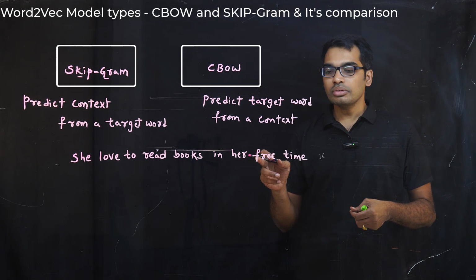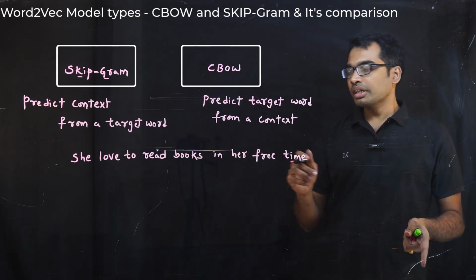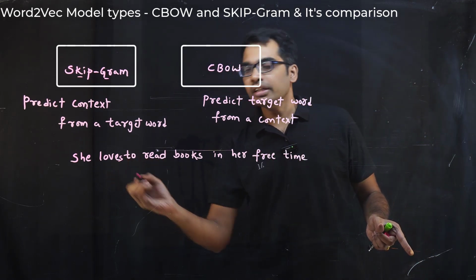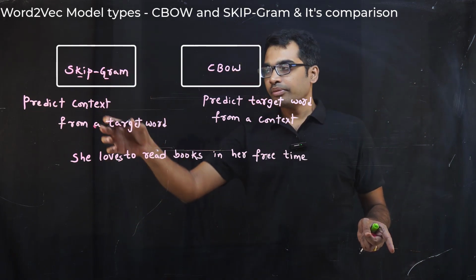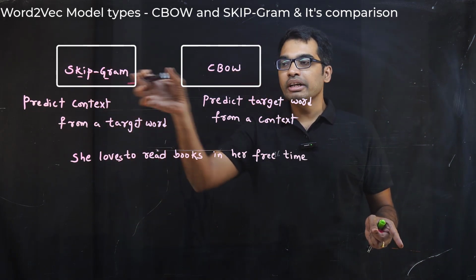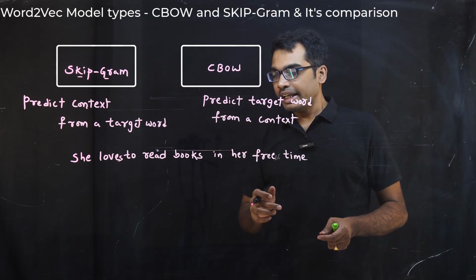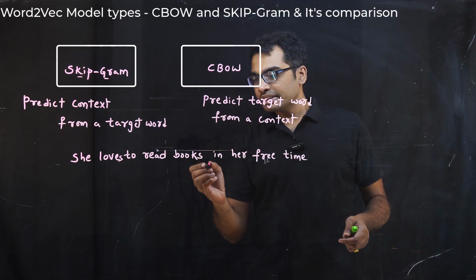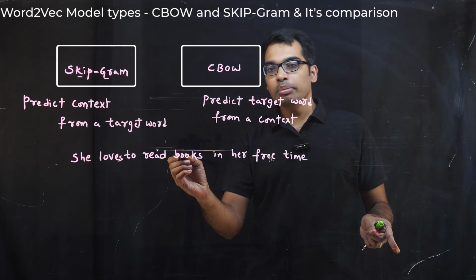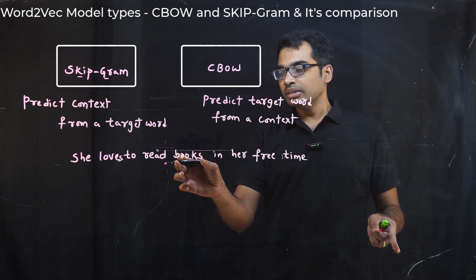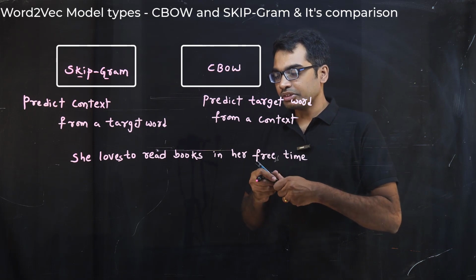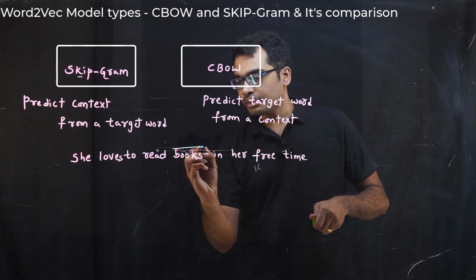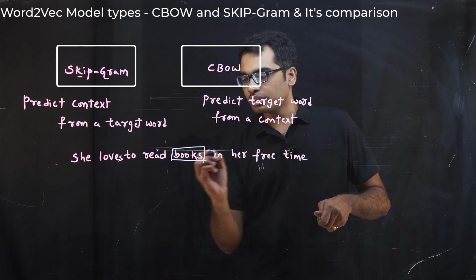Now we make the training data from this sentence, both for skipgram and continuous bag of words. Let's say we are building a word vector for books. This is the target word, so the target word is books.